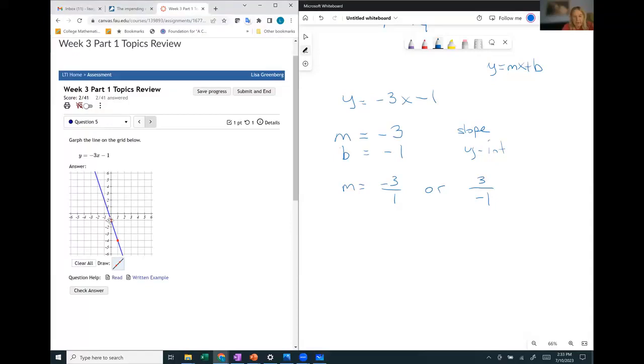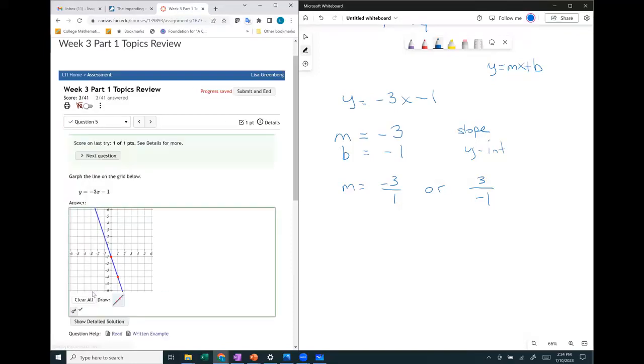Or I could go up 3 and to the left 1. You see that both of those values are on that line. Yes. Okay, good. And that's all you have to do.